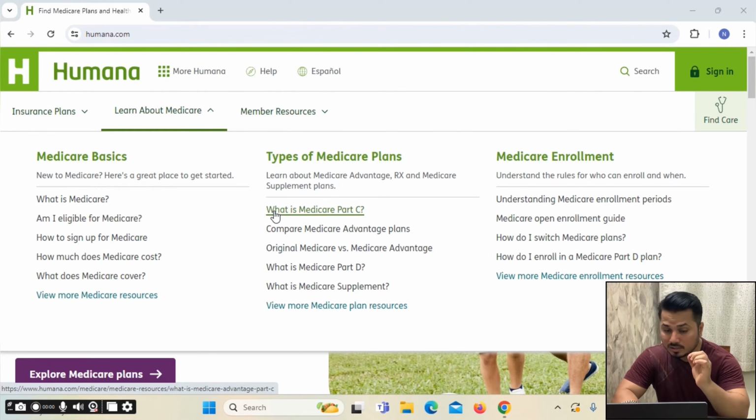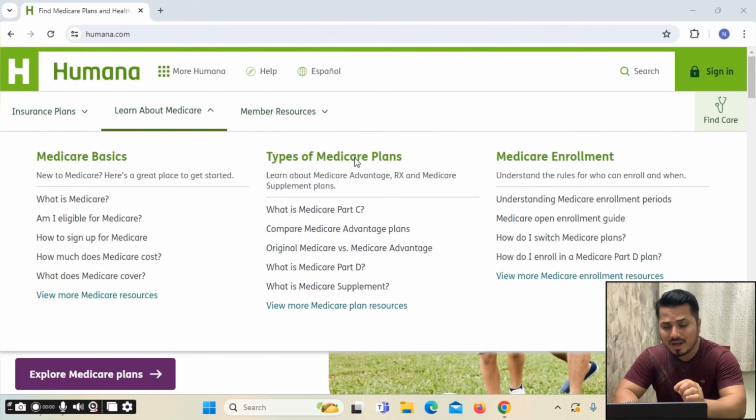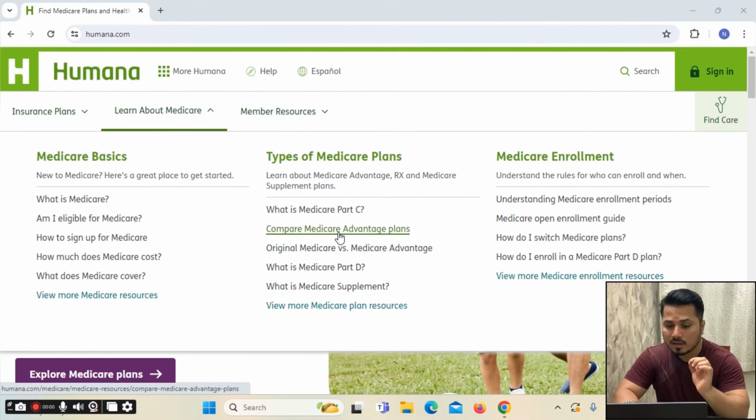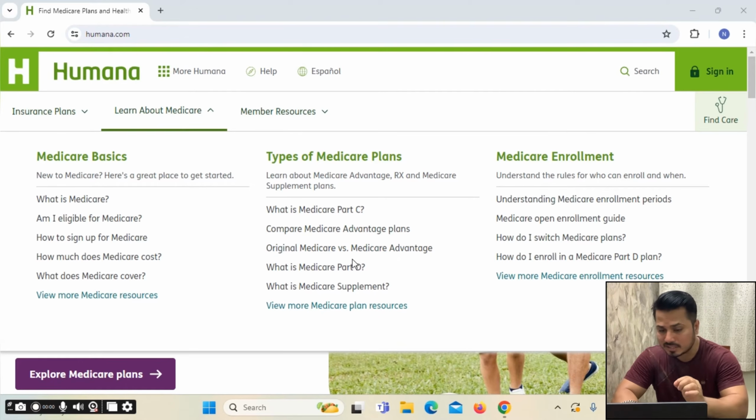Now in today's video tutorial, we are going to understand the different types of Medicare plans. Now, what is Medicare Part C? Compare Medicare Advantage plans, original Medicare versus Medicare Advantage, what is Medicare Part D, and what is Medicare Supplement.